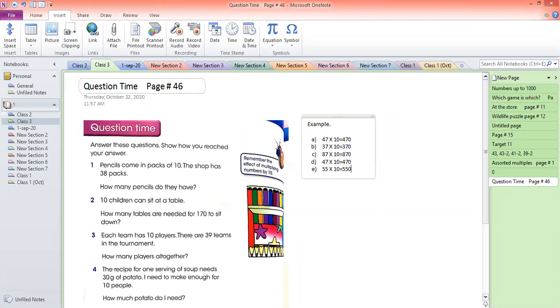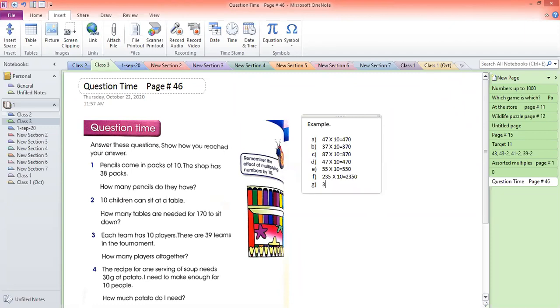In that way we have to solve. It's very easy to multiply any number by 10, even if it is bigger. If I multiply 235 by 10, no problem. I will write 235 and add 0 on the right side.